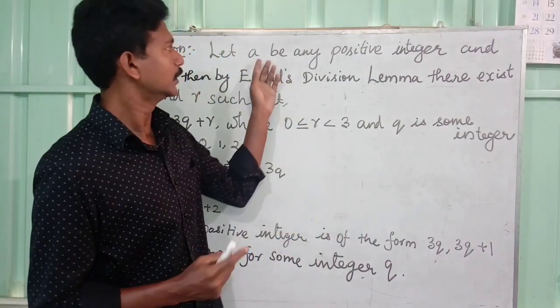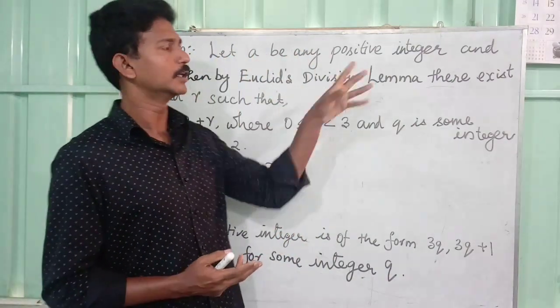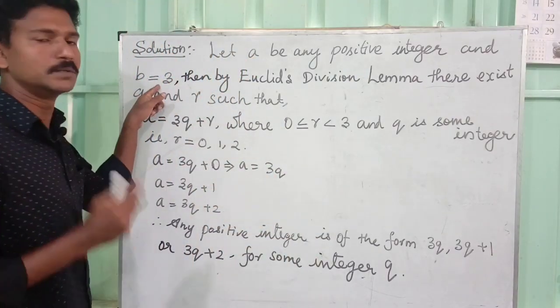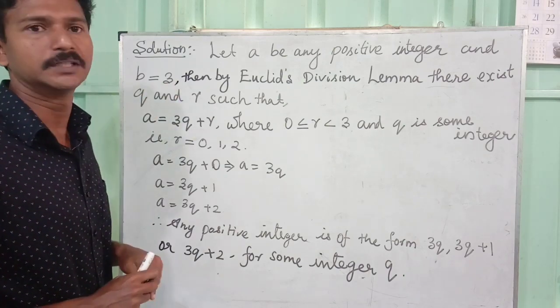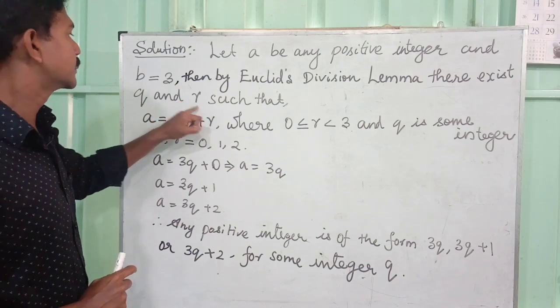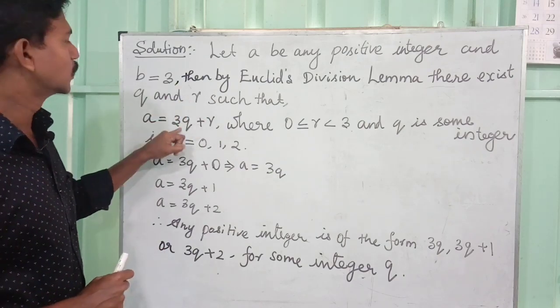Here we are taking a as a positive integer. So we write: let a be any positive integer, and the divisor here is 3, so b is 3. Then by Euclid's division lemma, there exist a quotient and a remainder such that a is equal to 3q plus r.